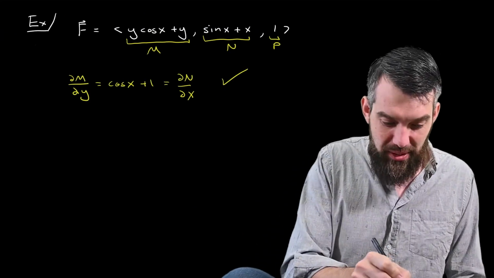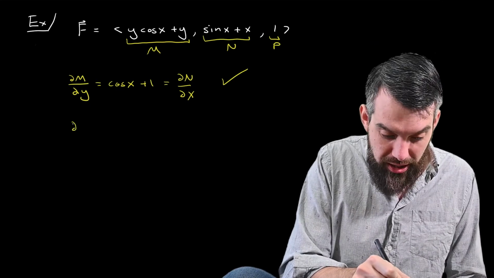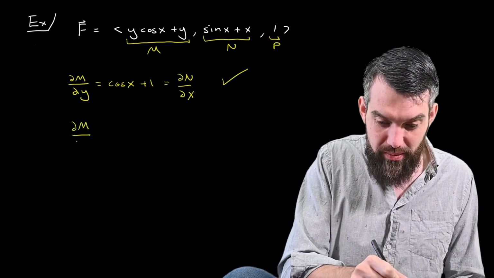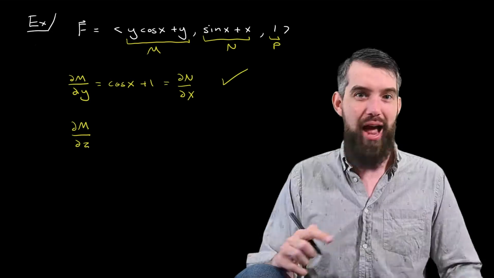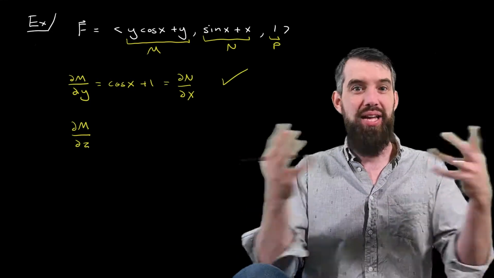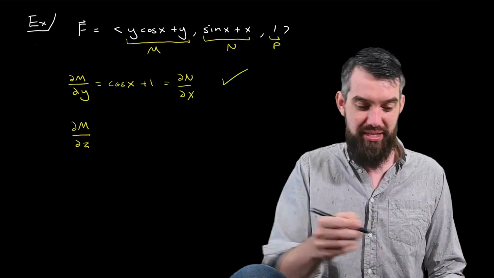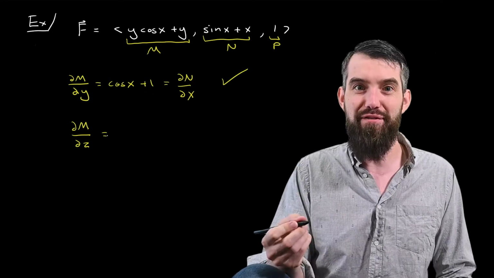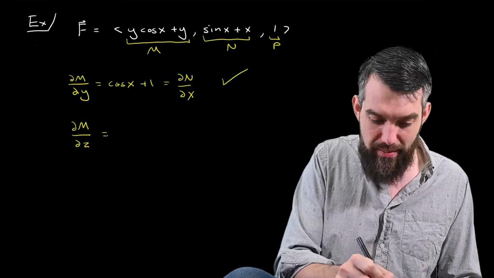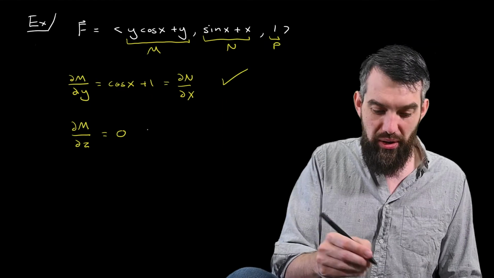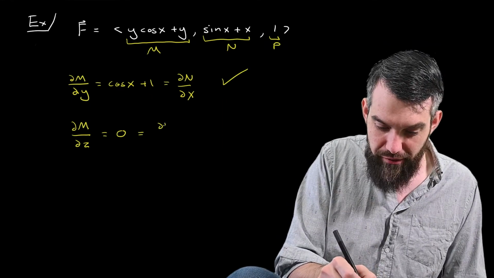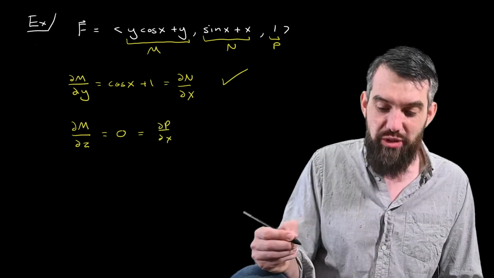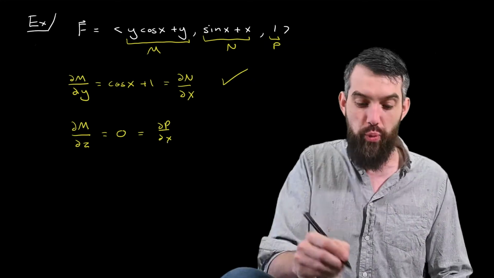Okay, I've given myself some space and I'll do a similar computation. Now I'll take the partial derivative of M with respect to, how about z? I want to end up doing all the different ways that I can mix and match these partial derivatives. Well, there is no z appearing anywhere in the M, so that's just going to be 0. And similarly, the partial derivative of P with respect to x, well, P was just 1, so this derivative is 0 as well.